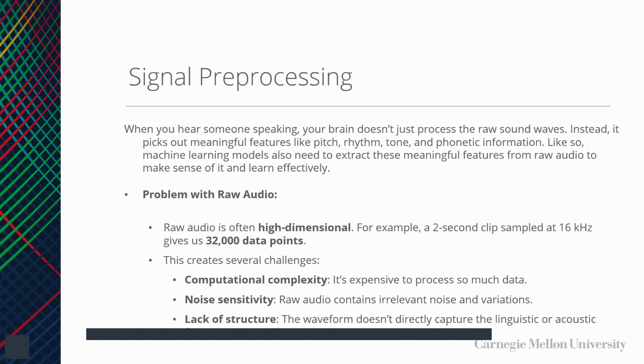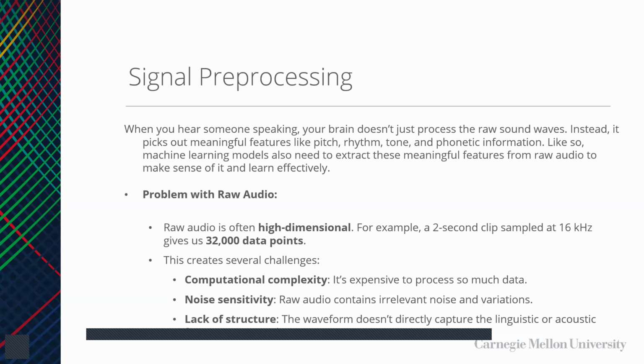And as we mentioned, there is a problem with the raw audio file. Let's think about a signal. We have a 2-second clip sampled at 16 kilohertz, which is a standard rate. When we multiply 2 seconds by 16 kilohertz, it gives us 32,000 data points. And we can see that this forms a challenge.